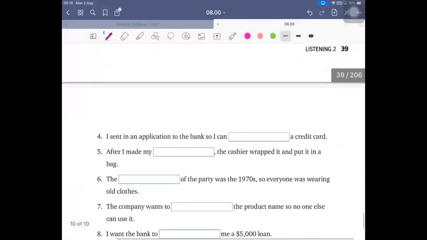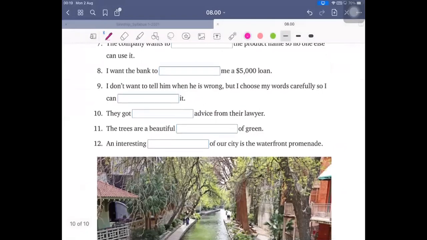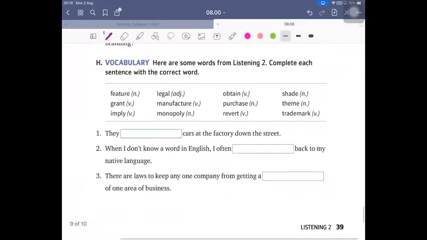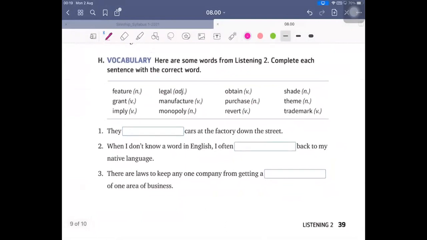Page 39 and 40. So you have 12 questions, 12 sentences, basically. We're going to start, but I'm just going to go through the sentences one by one. But before you listen to me, I want you to pause the clip and just do it. Do it yourself first before you come and have a look at the answers, okay?